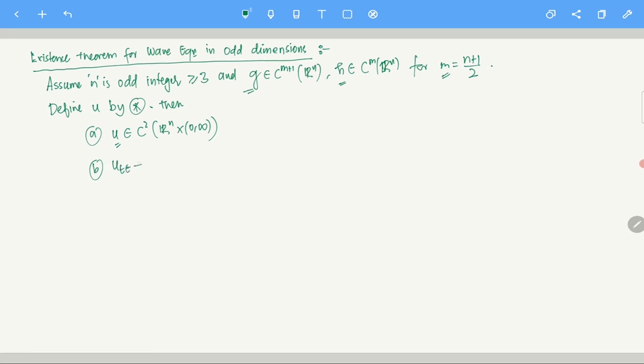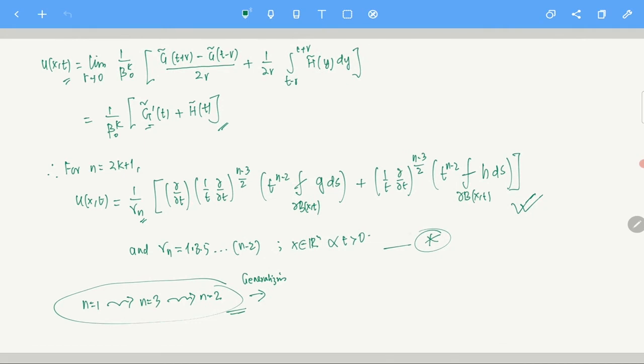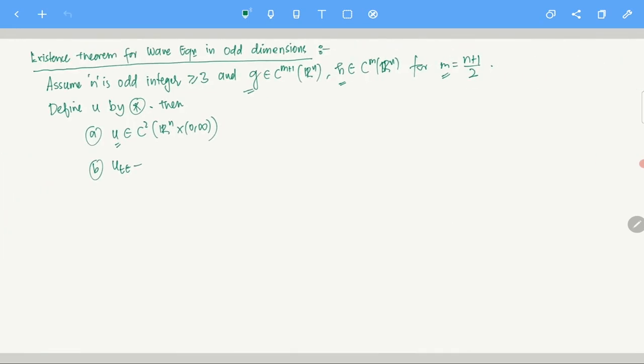So this theorem guarantees that the solution which you are getting with star is actually the original solution of the wave equation, the explicit solution in R^n cross (0, infinity). And number 3, the limit as (x,t) goes to (x naught, 0), x in R^n, t positive, of u(x,t) is g at x naught.